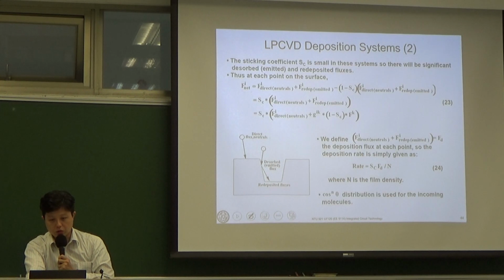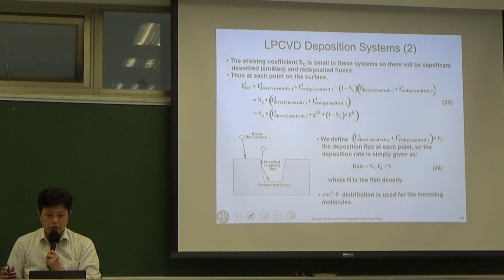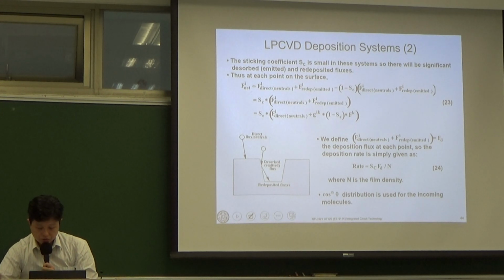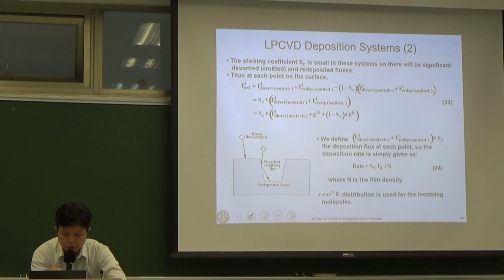So if you want to simulate the LPCVD, we just need to add all the necessary terms in this net flux. So we have direct, we have redeposition terms, and minus this term, 1 minus SC.